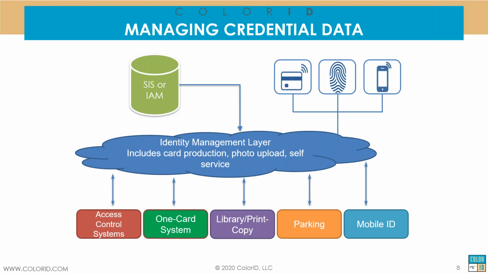And it processes the identities. It manages them from inception to revocation. It handles issuance of whatever type of credential is necessary. It can manage people logging into the system and then handling self-service features.